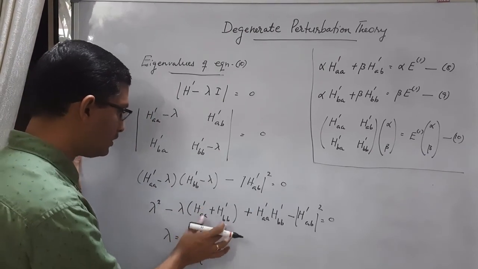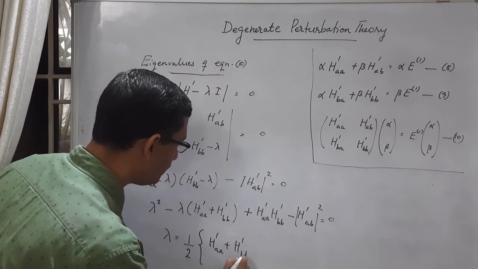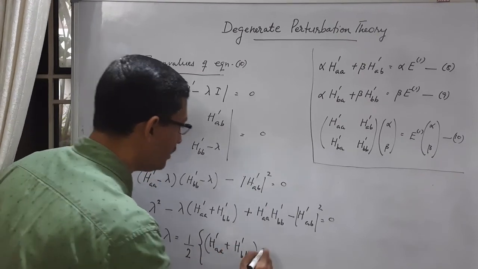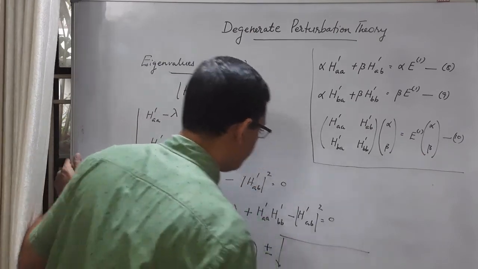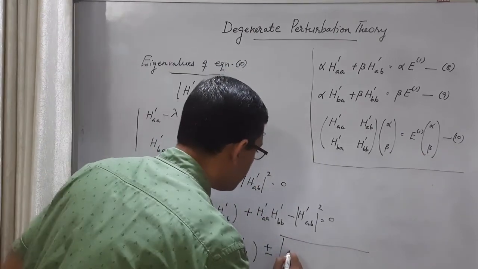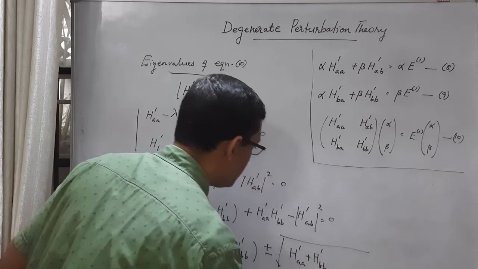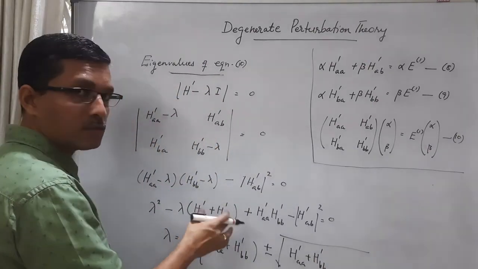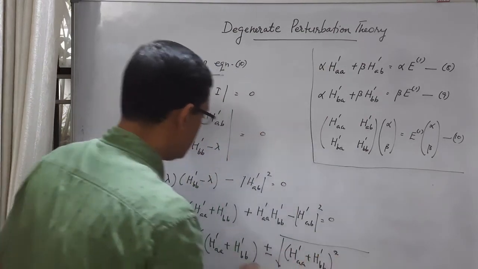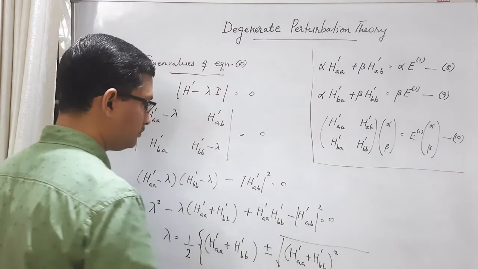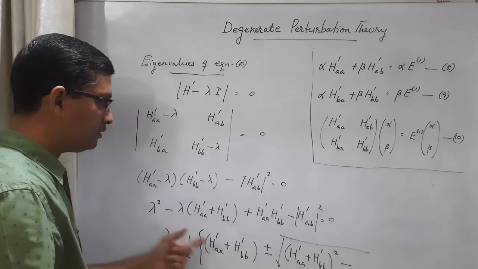So minus b is H prime AA plus H prime BB, plus or minus square root of b square, that is the square of H prime AA plus H prime BB. Actually this is minus b, but when you take the square, it's not important whether it is minus or plus. So b square minus 4ac, where a is 1.